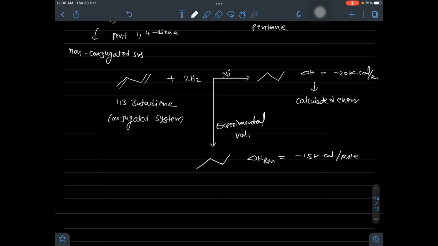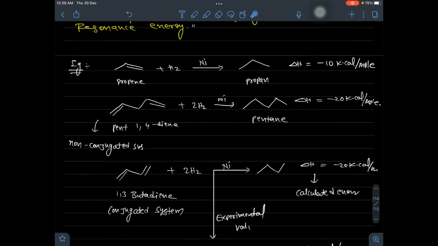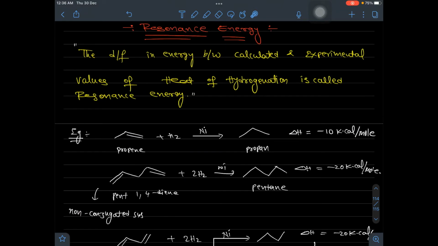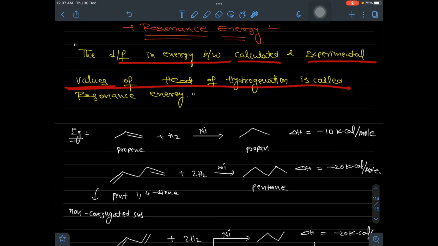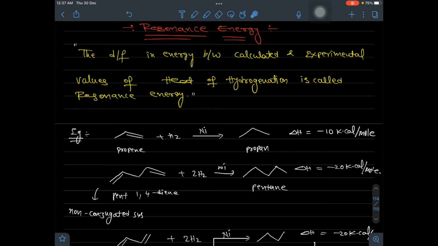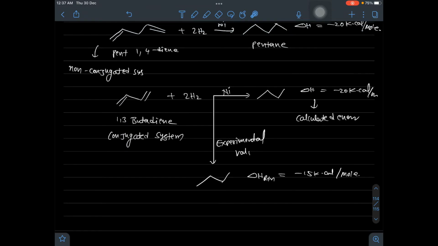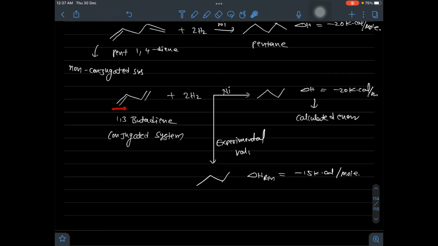Resonance energy means the difference in energy between the calculated and experimental values of heat of hydrogenation. This conjugated system, which undergoes resonance, is supposed to have a calculated heat of hydrogenation of 20 kilocalories, but experimentally it shows 15 kilocalories.